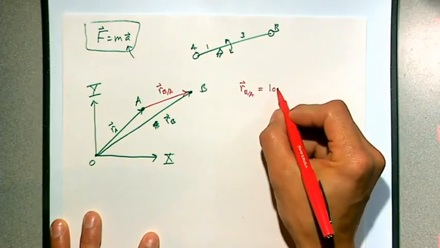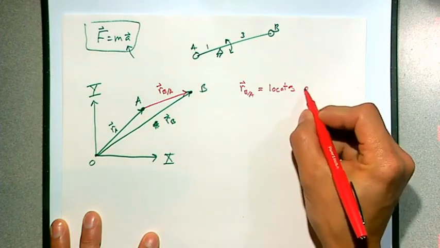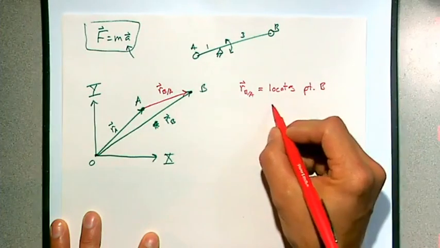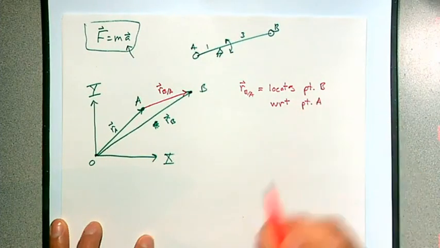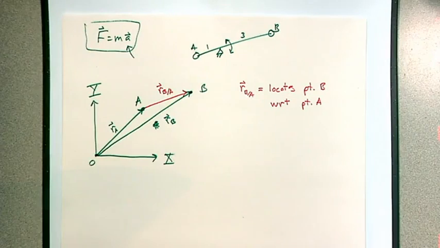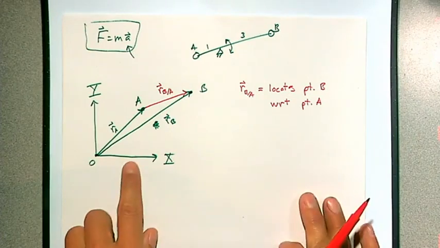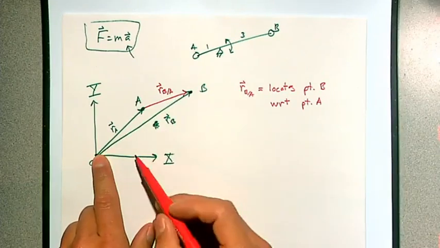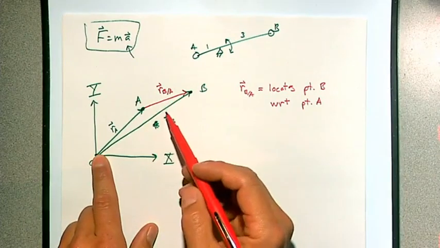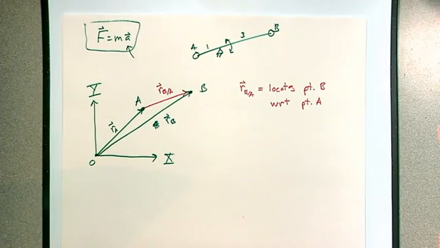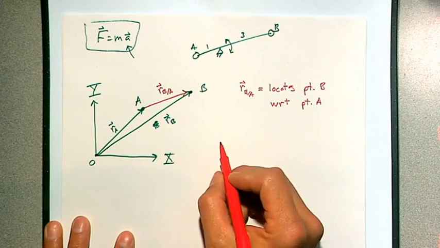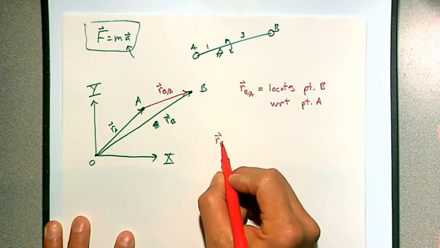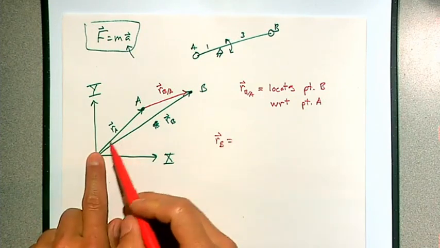So this locates point B with respect to point A. But you see what we have here? If I want to write this, I can do that with vector addition. So my vector R_B is the combination of these two.